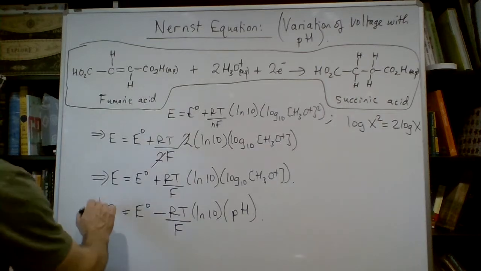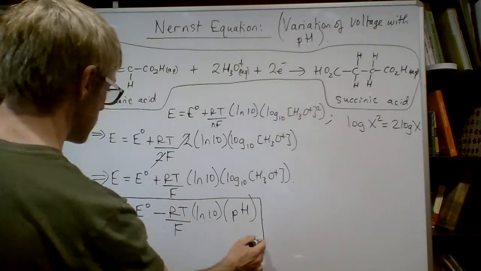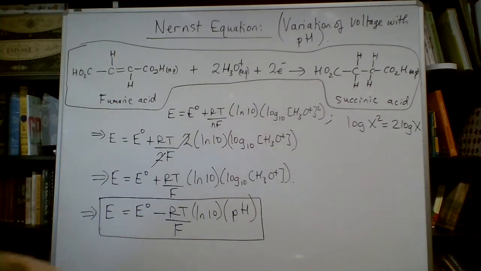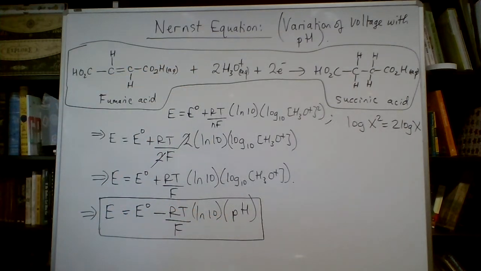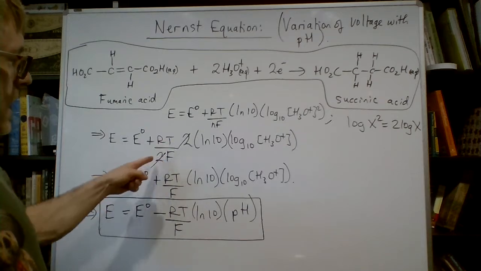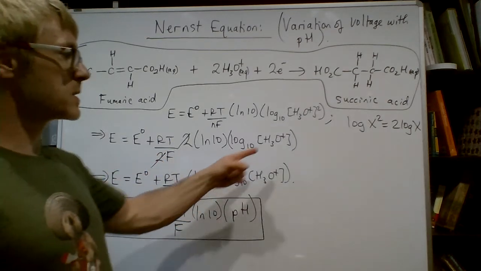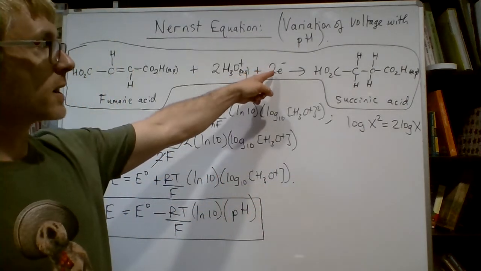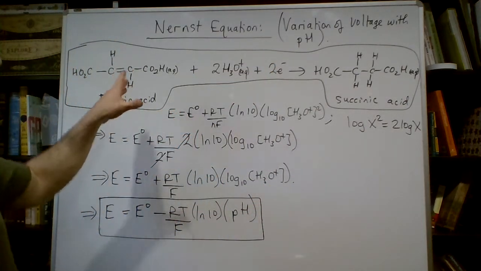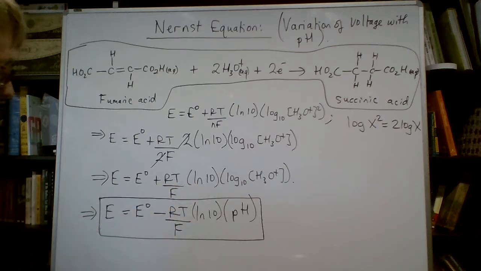Okay, so I have an expression now that is the Nernst equation that incorporates pH. Obviously, you won't always cancel 2's because it won't always be an exponent 2 and n equal to 2, but in this specific example, the 2's did cancel out.